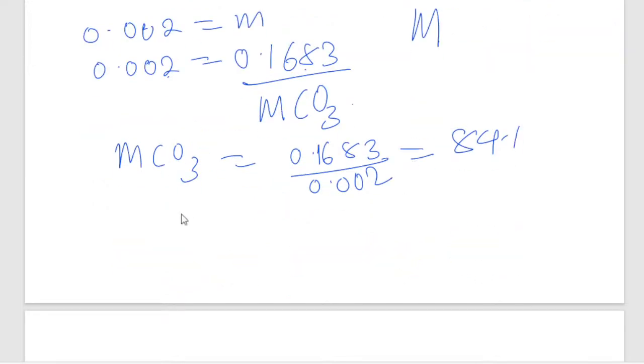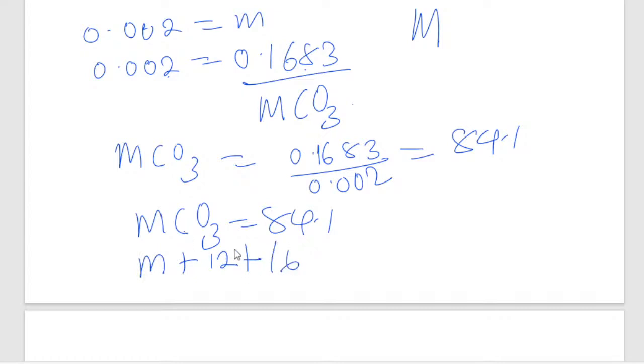So now I get 84.1, so automatically I'm going to say M carbonate is equal to 84.1. But now I need to find out what is M plus 12 plus 16, which is oxygen, times 3, is equal to 84.1.